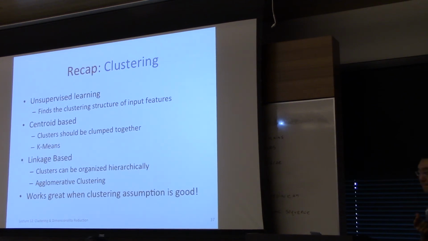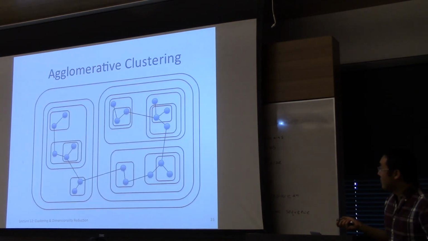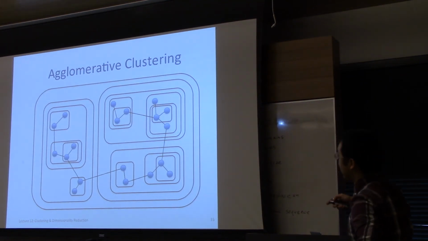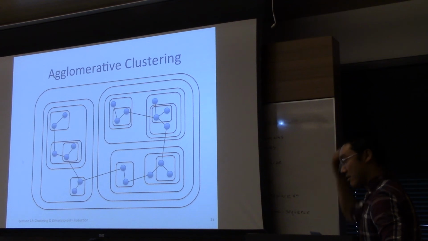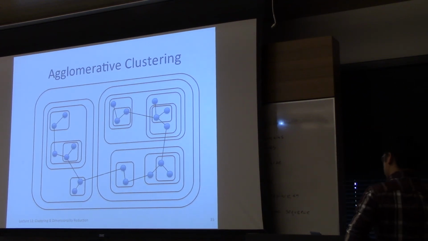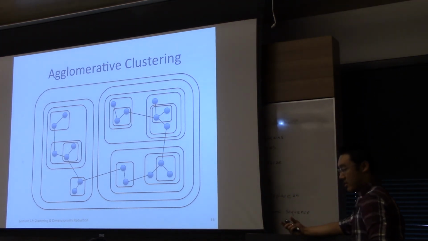Is the assumption for the second one the same as the first one, or what is it? For the linkage-based one? Well, if you try to choose a single K that clusters this into, let's say, 3 centroids, it's not obvious what that K should be, because there's a lot of recursive centroid behavior.